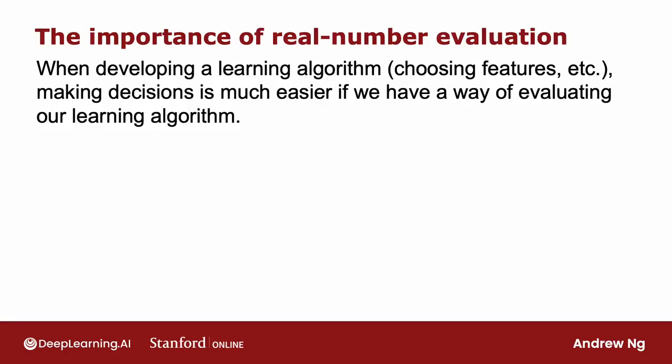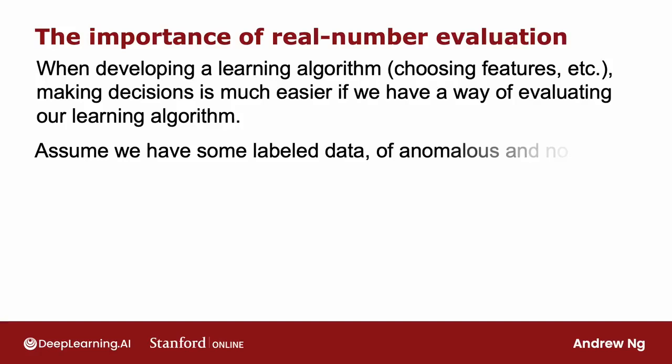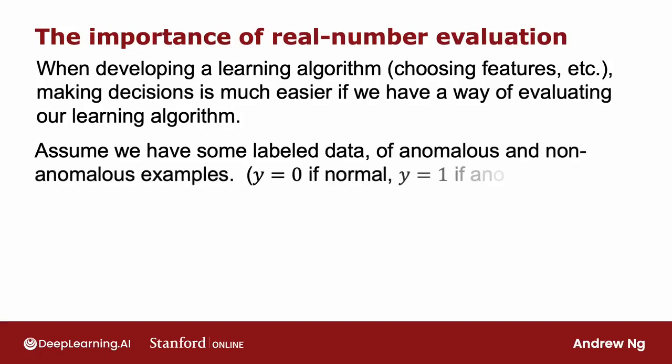This is how it's often done in anomaly detection, which is, even though we've mainly been talking about unlabeled data, I'm going to change that assumption a bit and assume that we have some labeled data, including just a small number usually of previously observed anomalies.